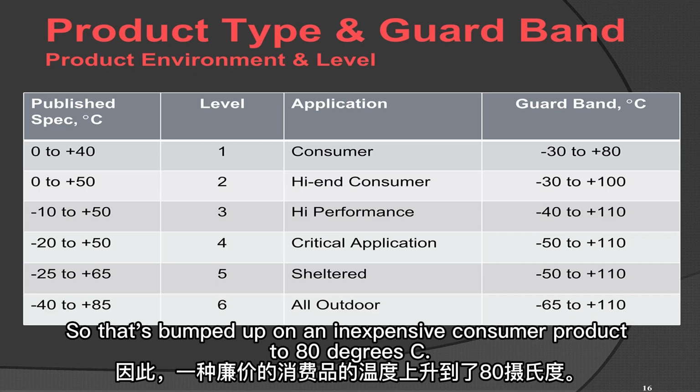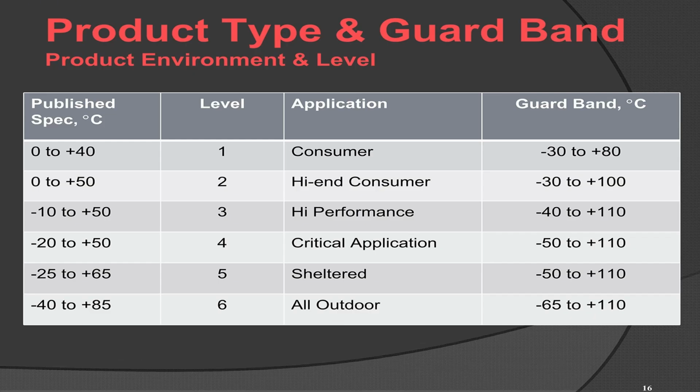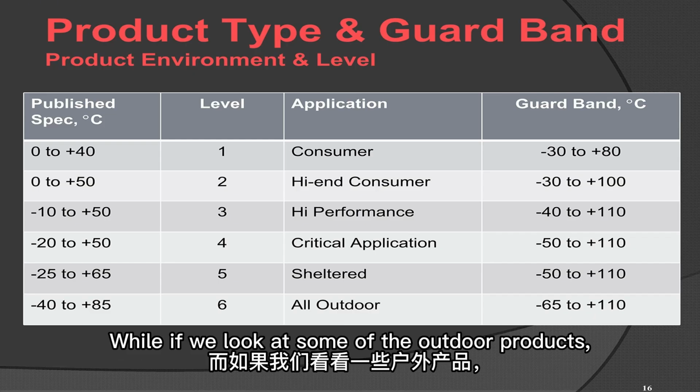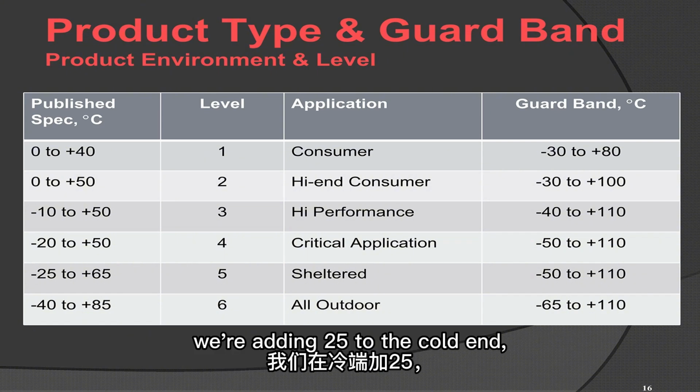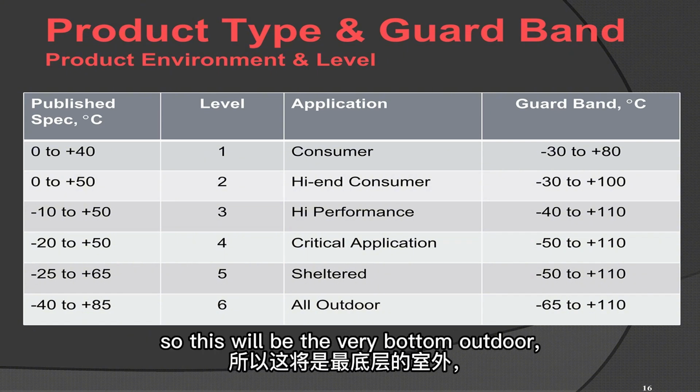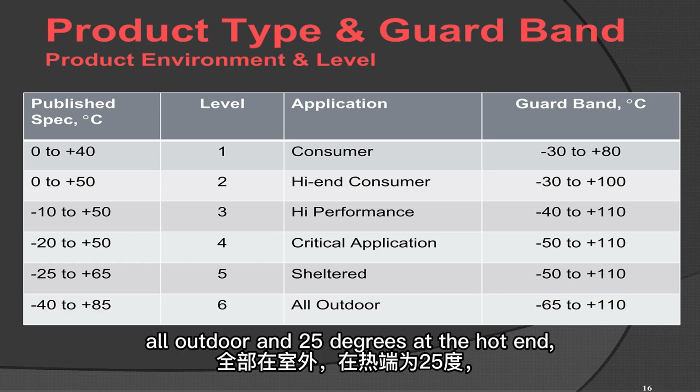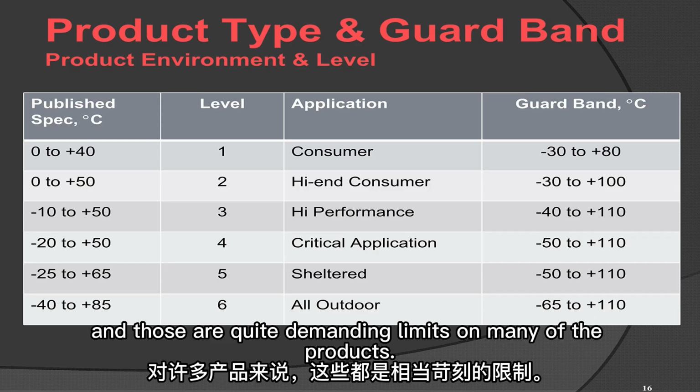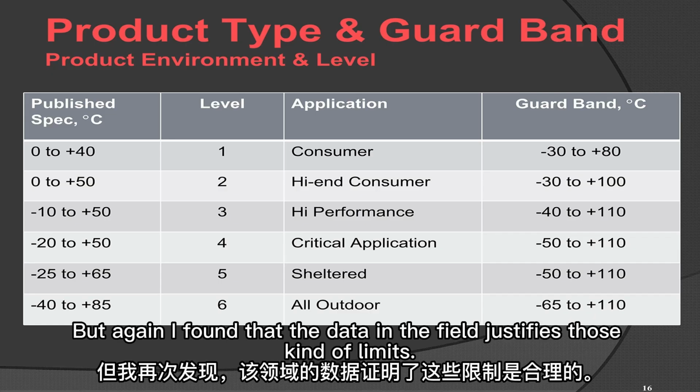So that's bumped up on an inexpensive consumer product to 80 degrees C. While if we look at some of the outdoor products, we're adding 25 to the cold end, so this would be the very bottom, all outdoor, and 25 degrees at the hot end. And those are quite demanding limits on many of the products, but again, I found that the data in the field justifies those kind of limits.